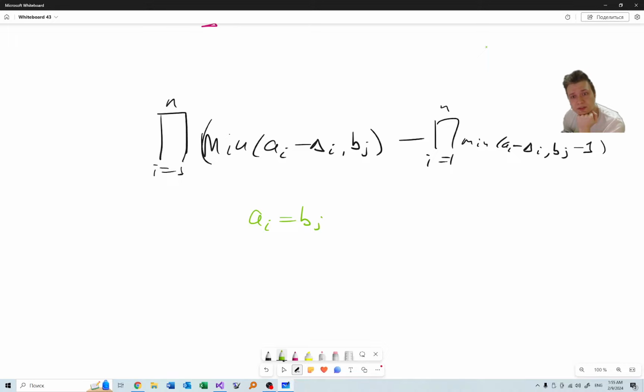It's unclear because, if we consider all four cases, we cannot eliminate AI minus delta I. We can eliminate it from here, but we cannot eliminate it from here. So what to do?